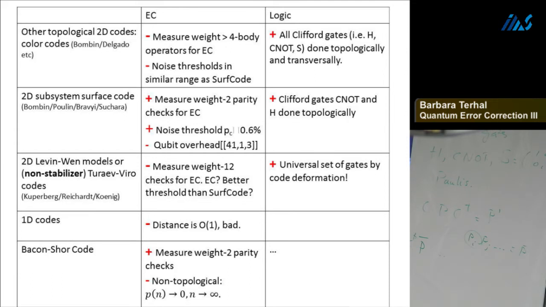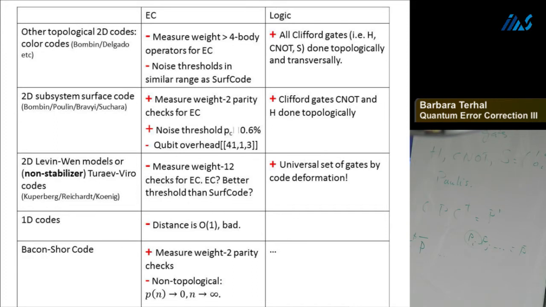Remember that Bacon-Shor also had these weight 2 parity checks. Those were non-commuting checks, and you had to combine information about them to get the stabilizer checks. In this case, it's also weight 2 parity checks. And the noise threshold is very high. It's of order 0.6%, which is very close to the surface code, which is about 1%.